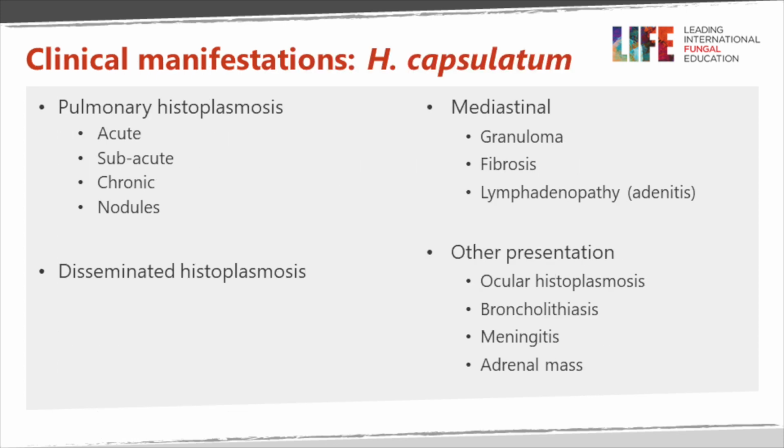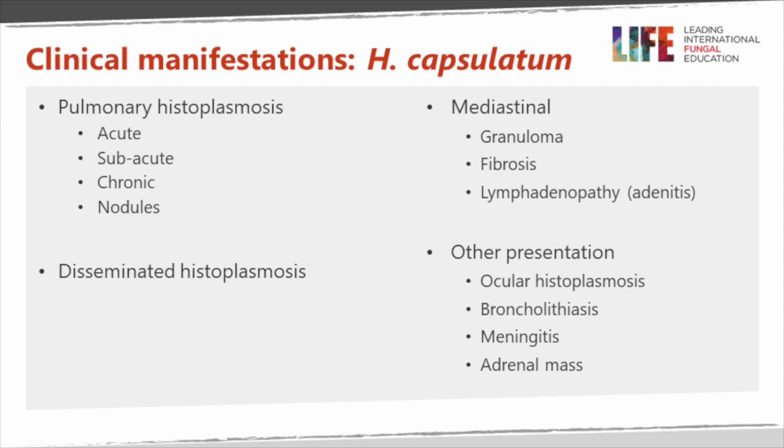So on the left-hand side of this slide are the summary of the different forms of histoplasmosis caused by capsulatum. So you get this acute or subacute pulmonary histoplasmosis, and that can become chronic, and you can also have nodules as one of the manifestations of disease. You can have disseminated disease, which is often called progressive disseminated histoplasmosis.